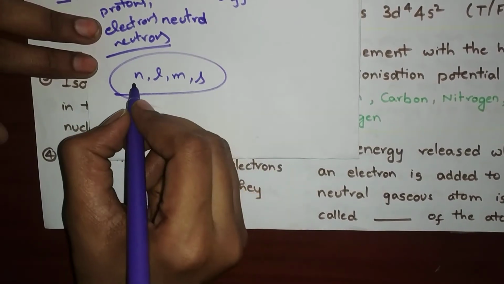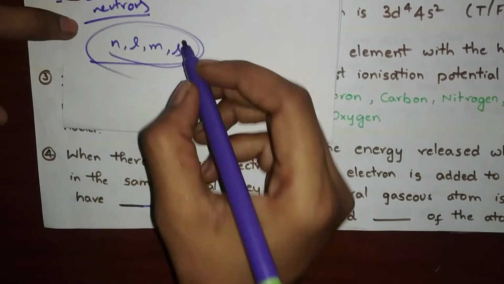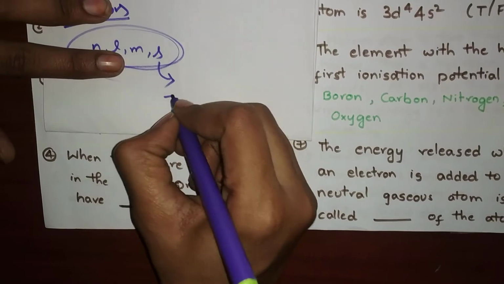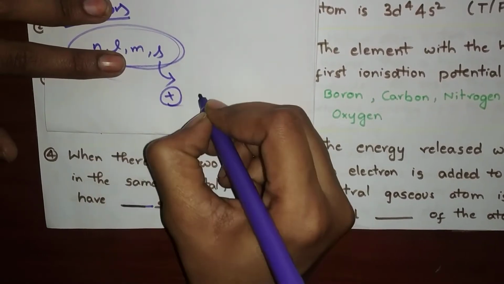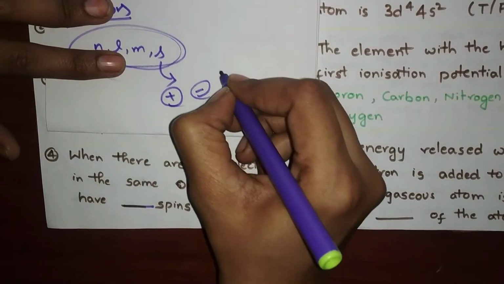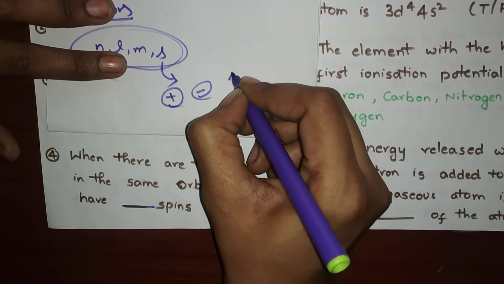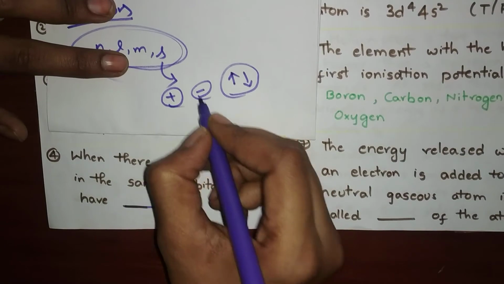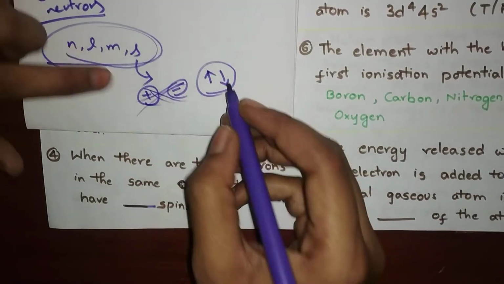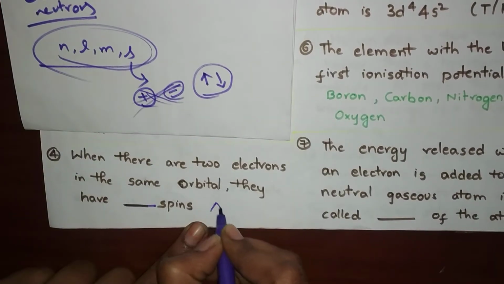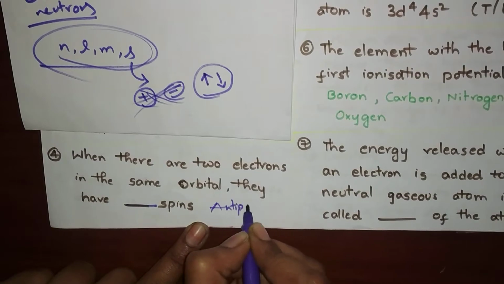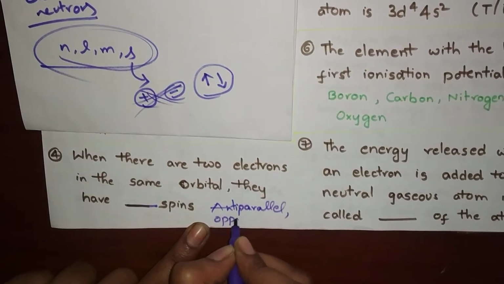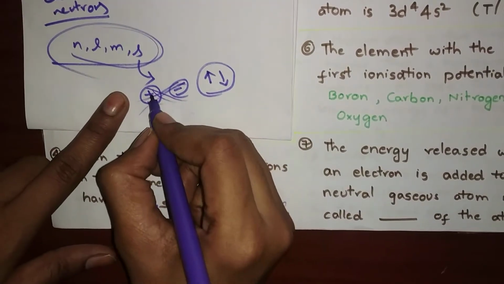According to Pauli's exclusion principle, no 2 electrons have the same set of 4 quantum numbers, n, l, m, s, right? These 4 should be different, and this s value is spin value, right? So one thing is positive, another thing is negative. I mean to say that both are anti-parallel or opposite. So anti-parallel or opposite, like a plus and minus.